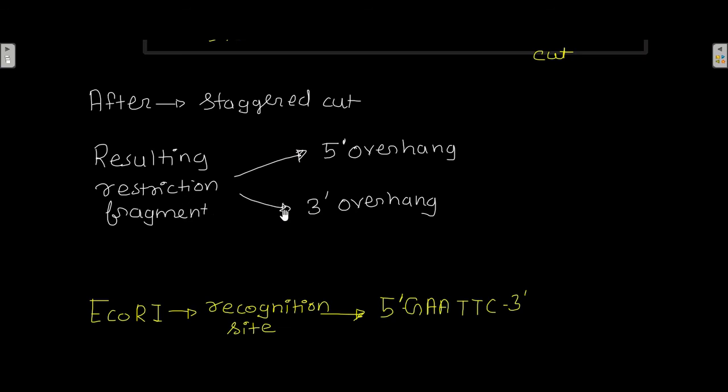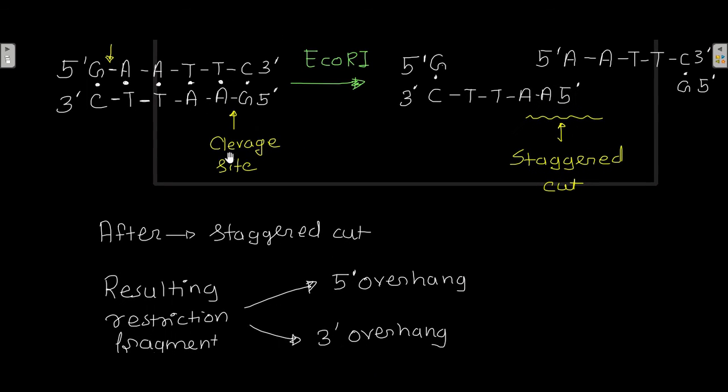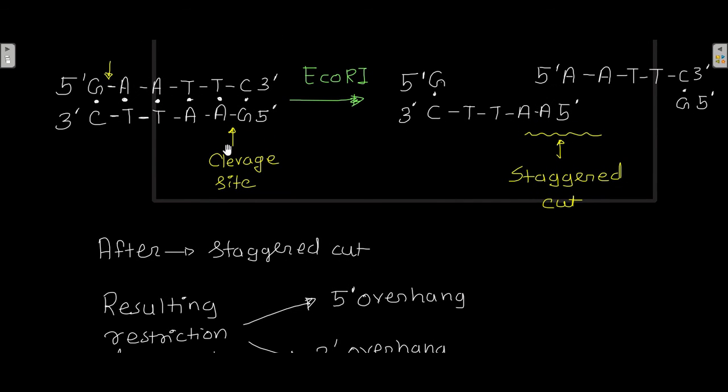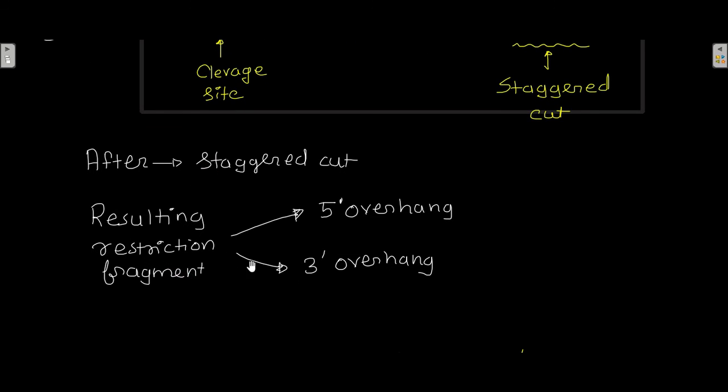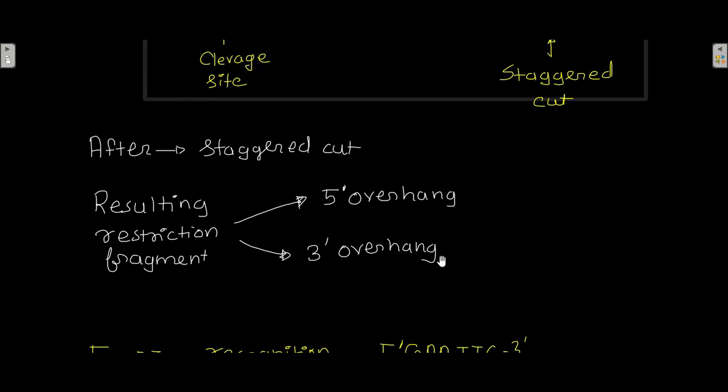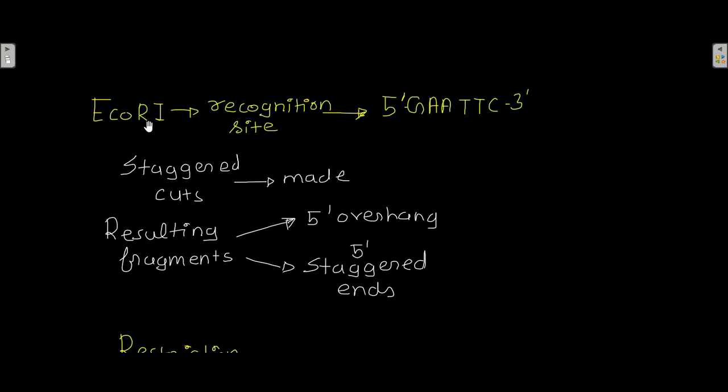Now, after a staggered cut, when the cleavage sites are not on the same axis, the resulting restriction fragment may have a 5' overhang or a 3' overhang. For example, consider this restriction enzyme known as EcoRI.